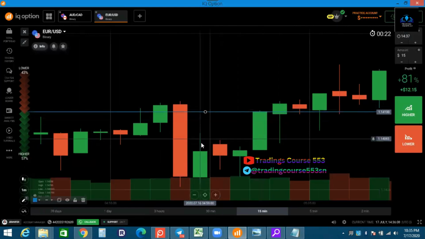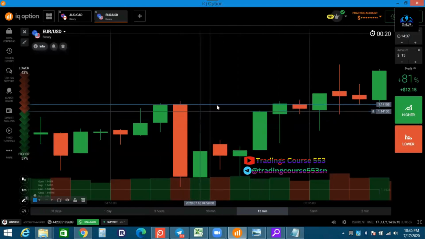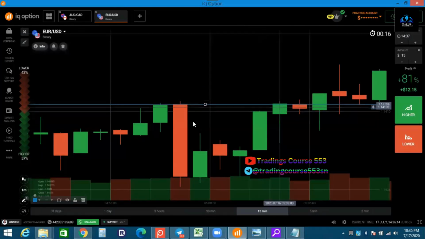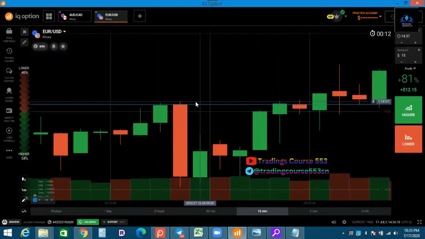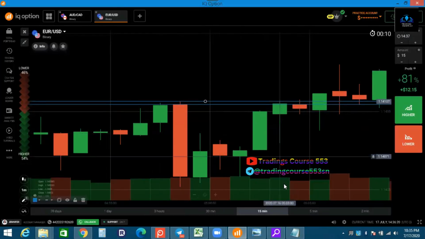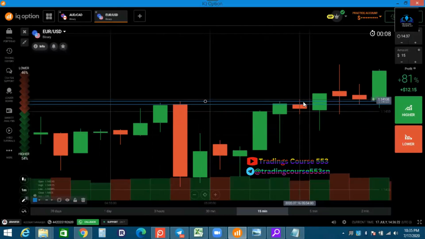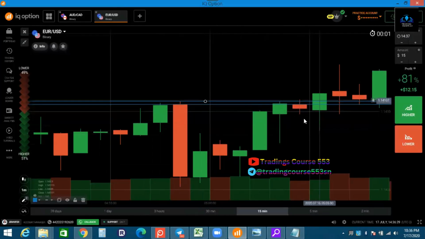But here, look at volume increasing on this resistance level. Yes, on this resistance level, volume is increasing, and sellers enter. And they are very weak here.